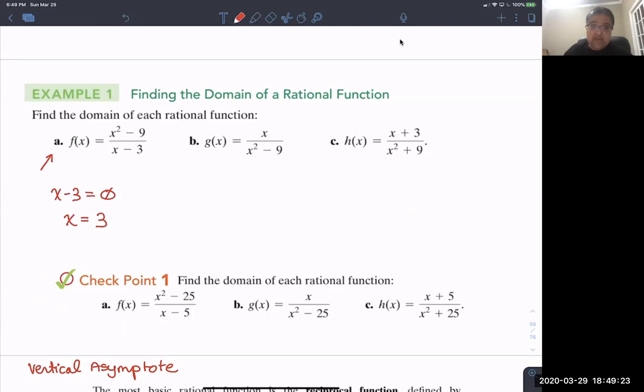Does everyone see that? So if I plug in 3 for x, I get 0 in my denominator. And I can't have a 0 in the denominator, and we've talked about this. So that means the domain of f of x in example A is all real numbers except 3.